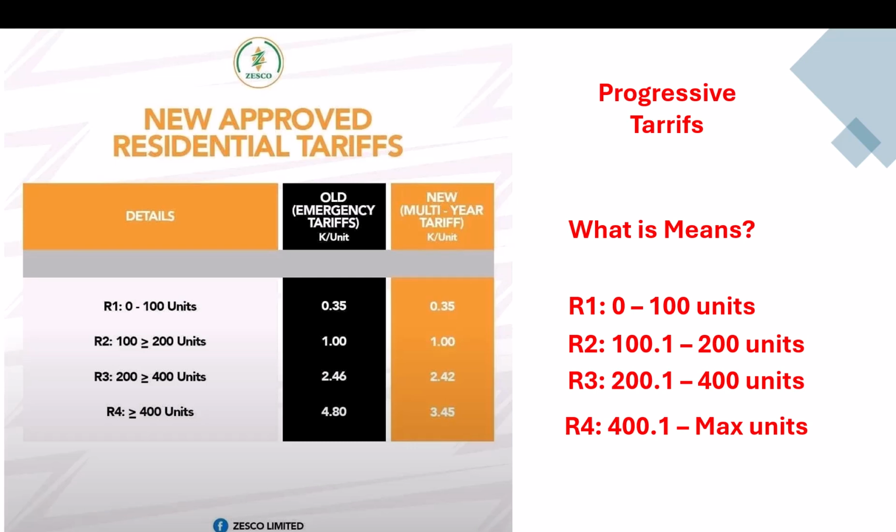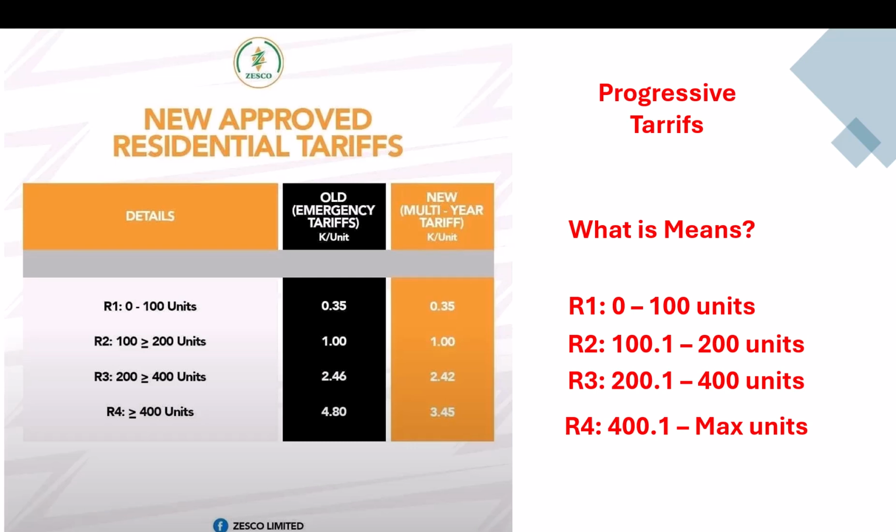So ideally, the first 100 units would cost around 35 Zambian kwacha. But any units that you buy or use above 100 units, for example, starting from 100.1 up to 200 units, will cost 1 Zambian kwacha per unit.